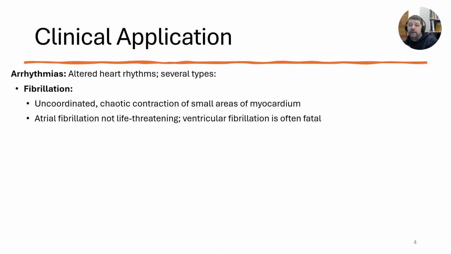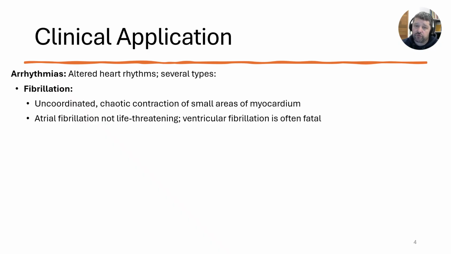And then you can have ventricular fibrillation where maybe the left and the right are not firing at the same time in unison. The atrial fibrillation is not life-threatening typically. It can cause complications, but the ventricular fibrillation is often fatal, because there's not enough force to send blood out of the heart.